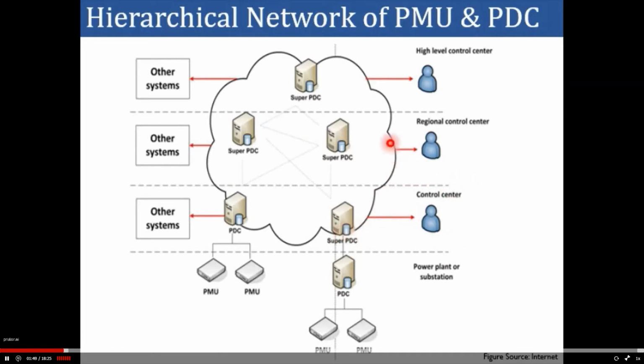Then we have a network of super PDCs installed at various levels, say at the SLDC or the regional load dispatch center level, where they interact with each other to consolidate and aggregate the data of all the PMUs connected in the system. This is how the hierarchical network of phasor data is maintained.